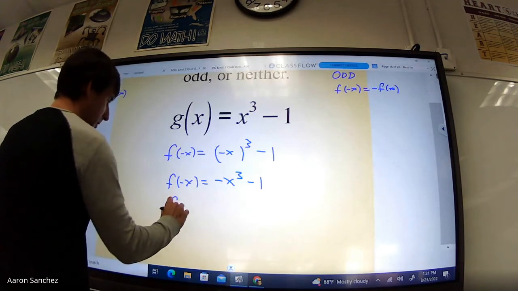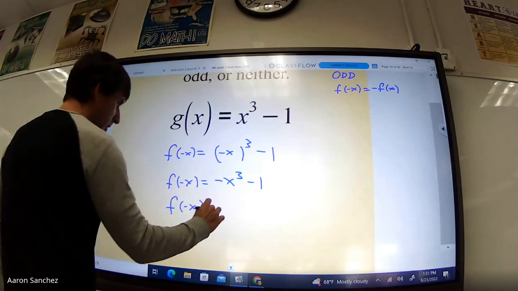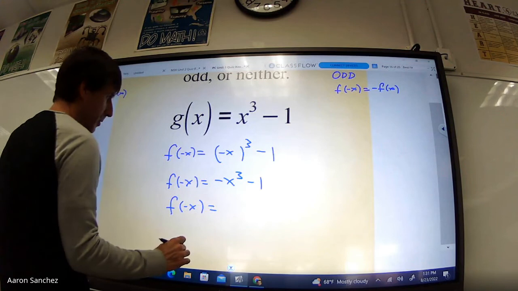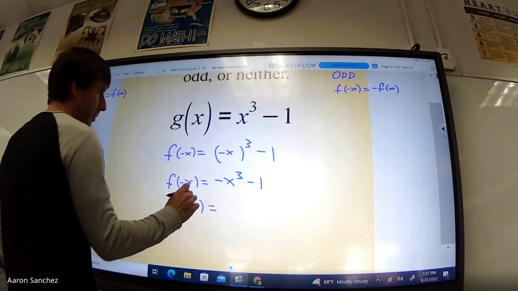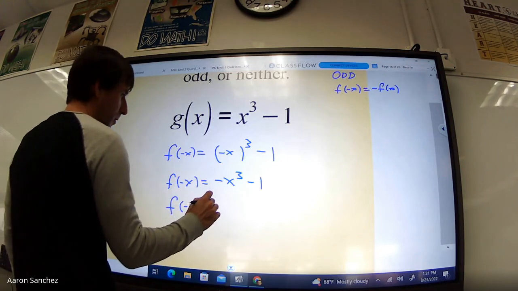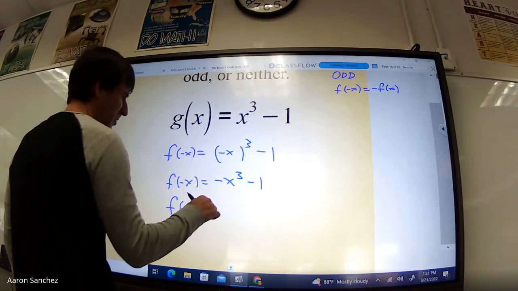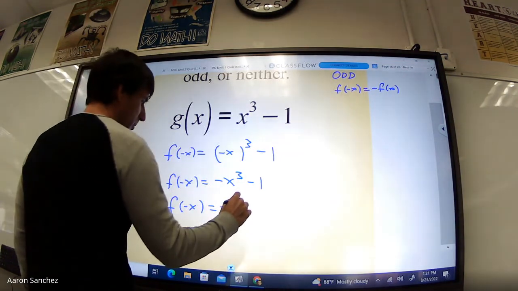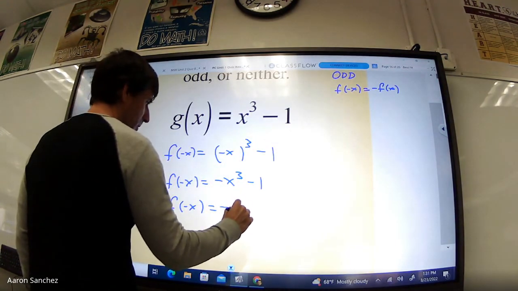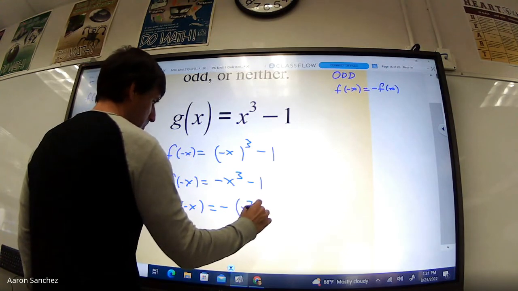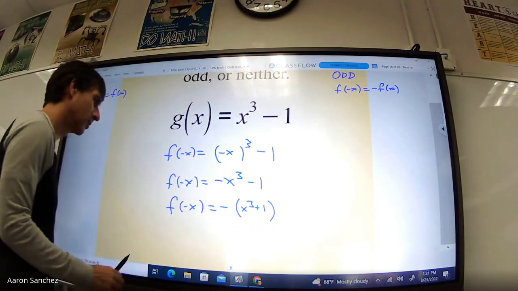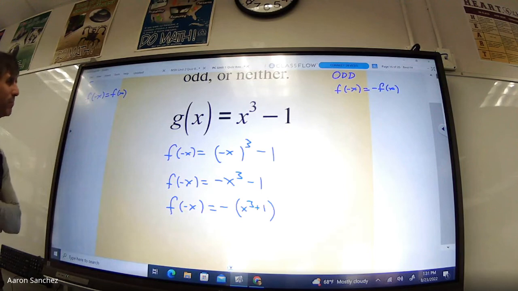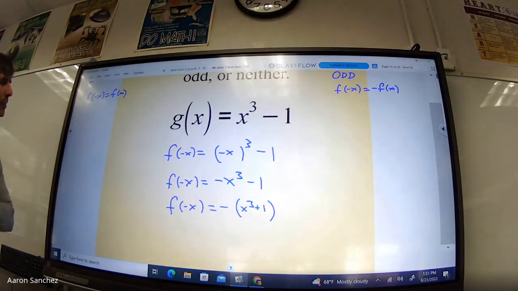I can't distribute the negative, so it's negative x cubed plus 1, which should be an odd.